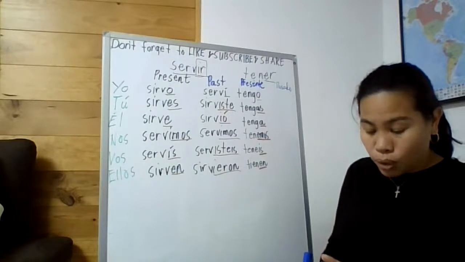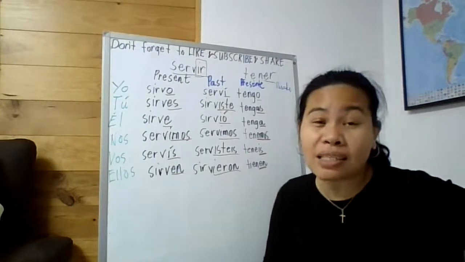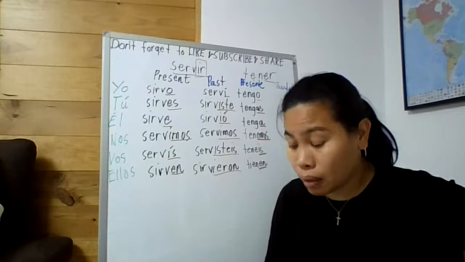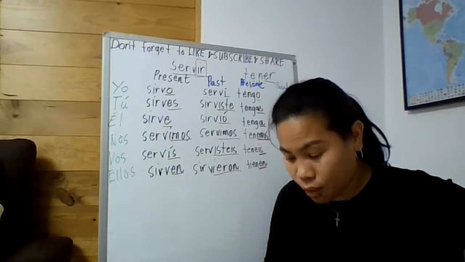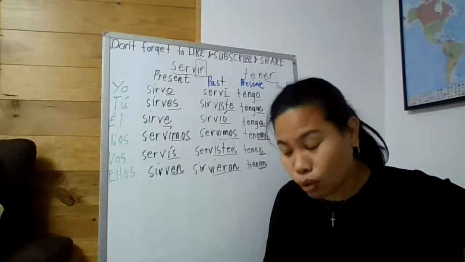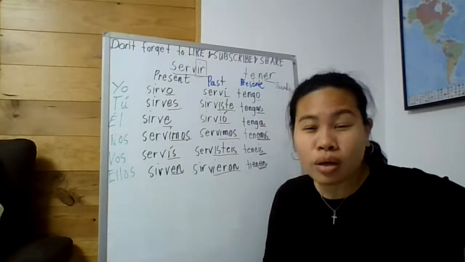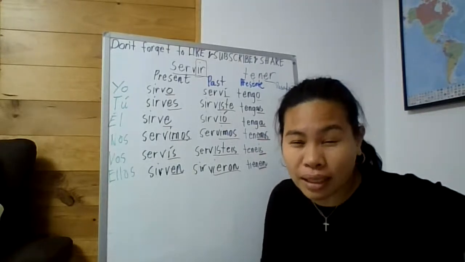Because if you are going to use that as perfect tense, you are going to add the auxiliary verb. He tenido, has tenido, el pasado de tener.